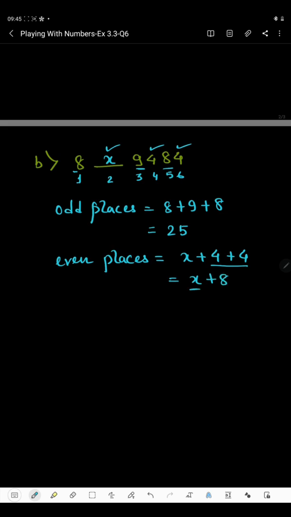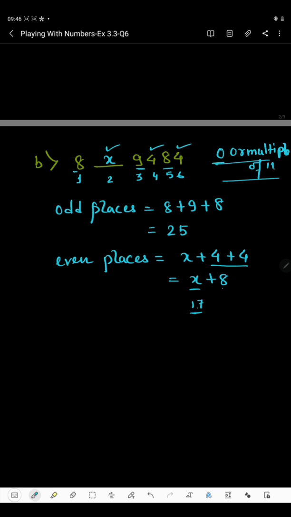Now what should be in the blank place? First of all, the difference should be 0 or a multiple of 11, right? Is it possible to make 0? See, if in the place of x you take 17, then 17 plus 8 is 25, and 25 minus 25 is 0. But as there is only one blank place, we cannot take a 2-digit number, we have to take 1 digit only. So it cannot be 0.